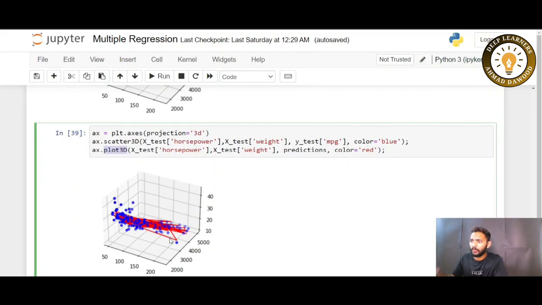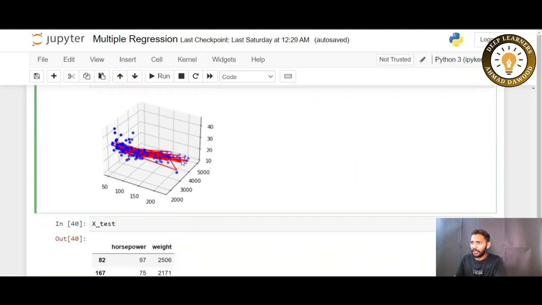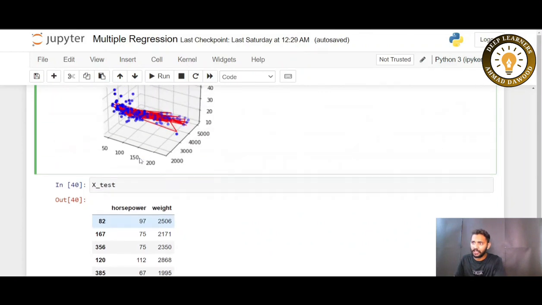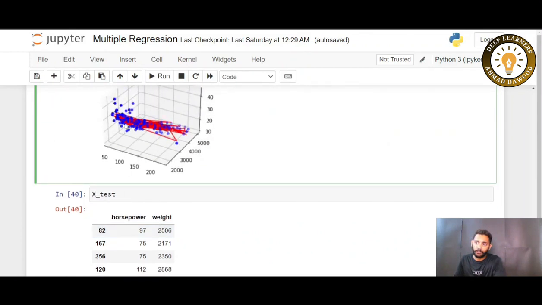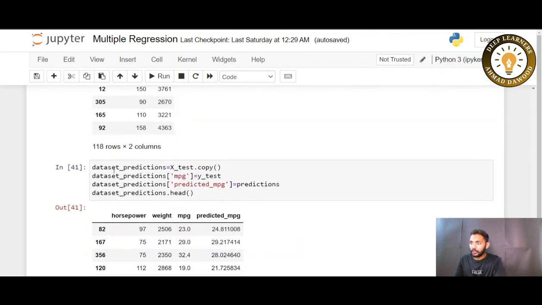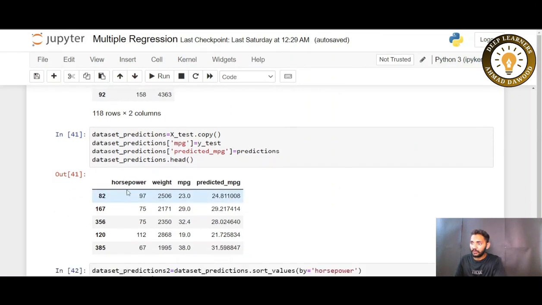To see a regular line, I will just alter my dataset. I have the testing dataset, and I want to visualize the model on the testing dataset. So I will sort the dataset with respect to horsepower. I have created another dataset, dataset_predictions, which has horsepower and weight.